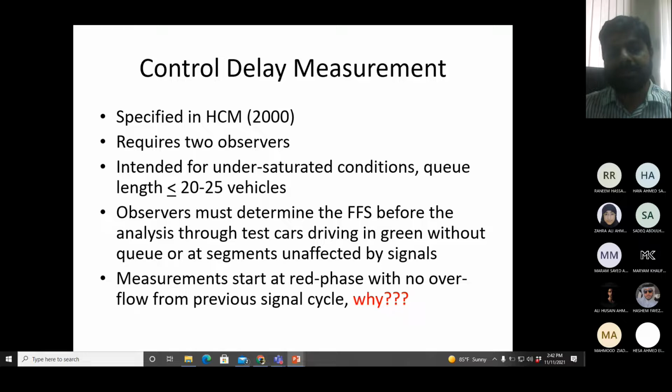The second condition for undersaturation is that no car is waiting from the previous red phase. They call it overflow. Overflow means a car has to wait for more than one red phase for its turn to clear the intersection.